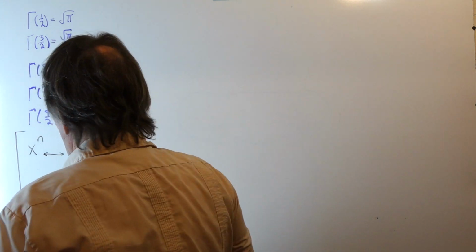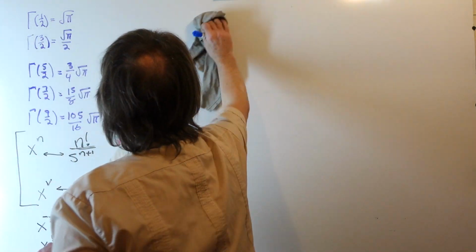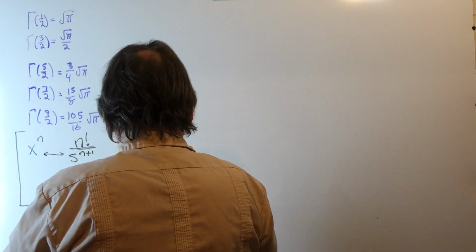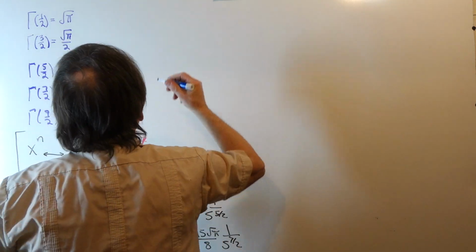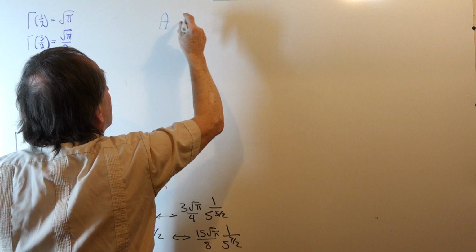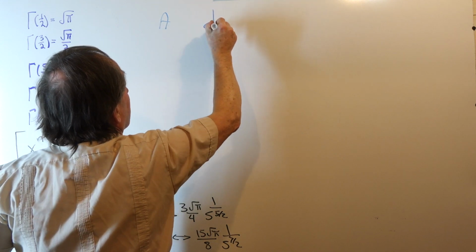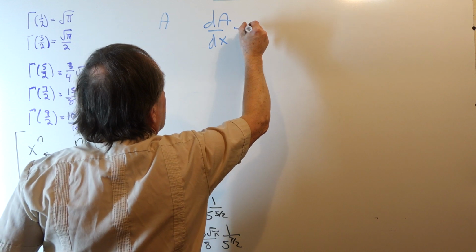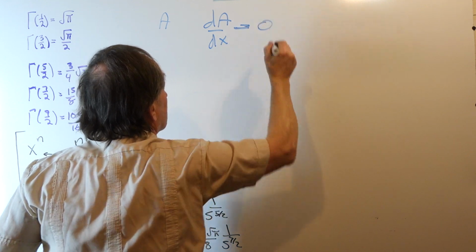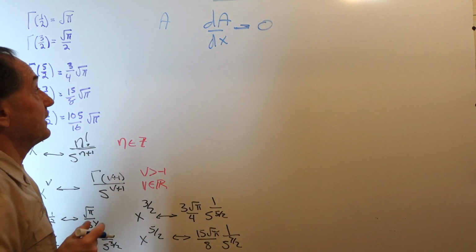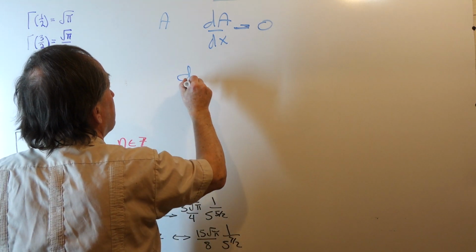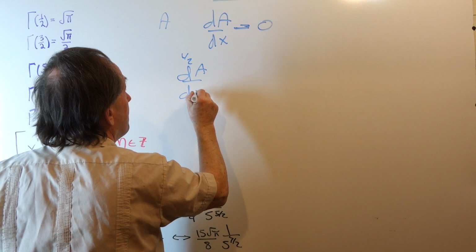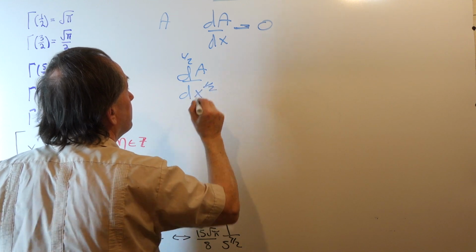That is, if we have a constant a, then the derivative of a with respect to x equals 0 with a full derivative. What about the 1/2 derivative of a? Is that 0? Well, let's check.